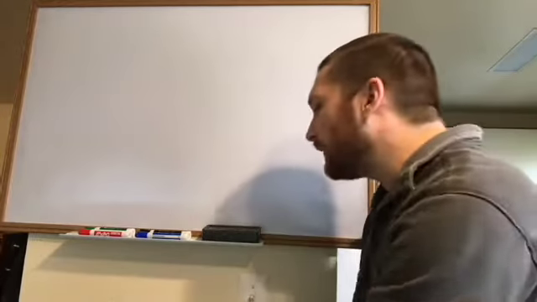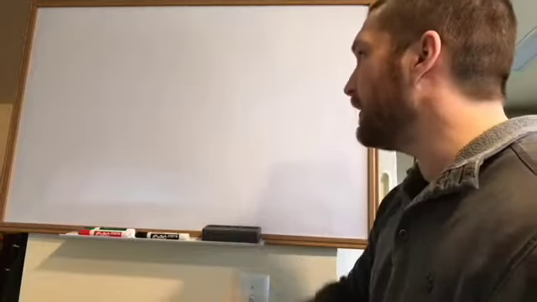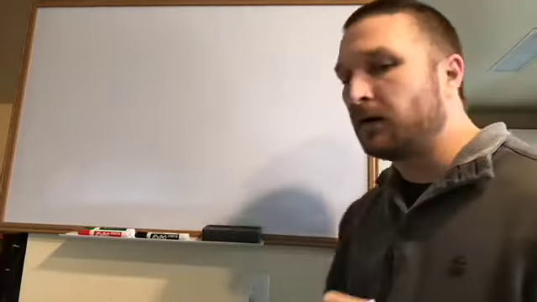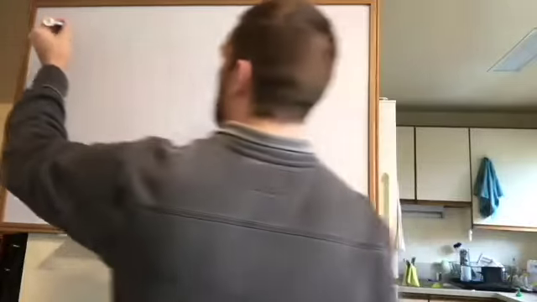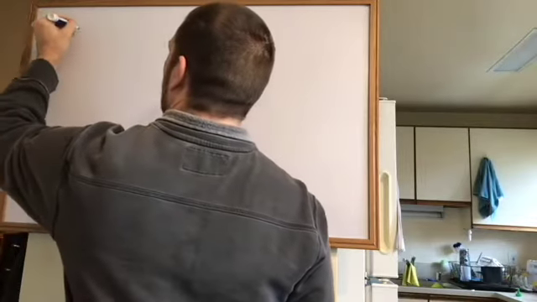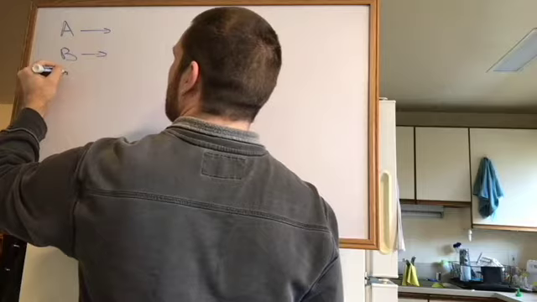So let's do just a little bit of review of what we did last time. If you remember, we had our secret code or our special function that took A to a number, it took B to a number, it took C to a number.